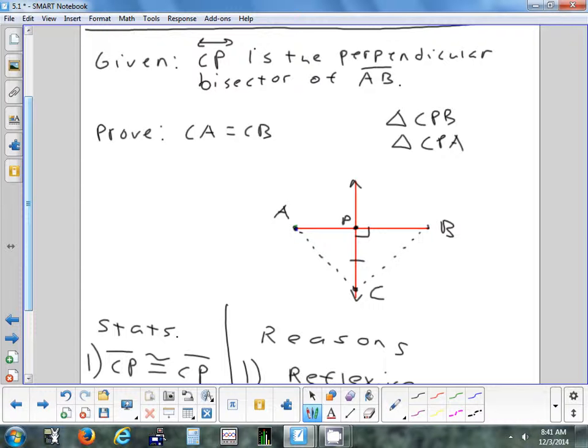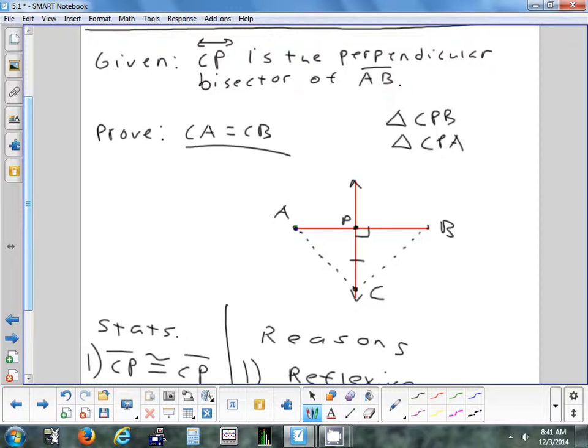You can find the length of A and C, and also B and C if they're congruent, right? Well, that's what we're trying to prove. We're trying to prove that those dotted lines are congruent. So we got to show these two triangles are congruent. So we got one side.